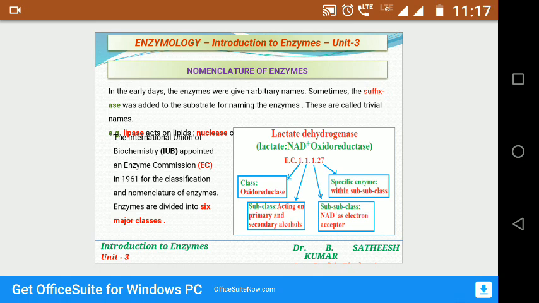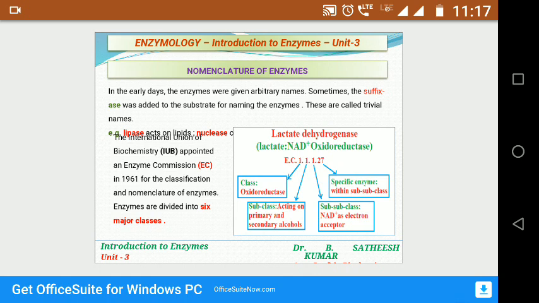Suppose the one example we have taken here, lactate dehydrogenase. It catalyzes the reaction of formation of lactate from pyruvate. It depends on NAD plus for electron transfer. Pyruvate receives two electrons from NADH and it becomes lactate.